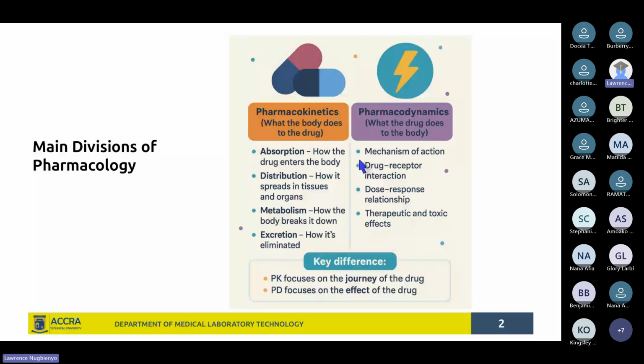Now, pharmacokinetics simply deals with what the body does to a xenobiotic, a substance that is being taken into the body. Just like if you take in food, you talk of digestion, which is the food goes through the digestive system, and you describe that process of the movement of the food from the mouth through the esophagus to the stomach, and then all the other things.